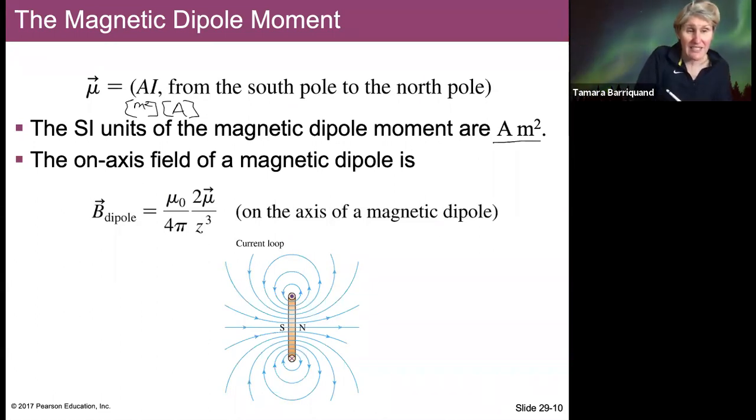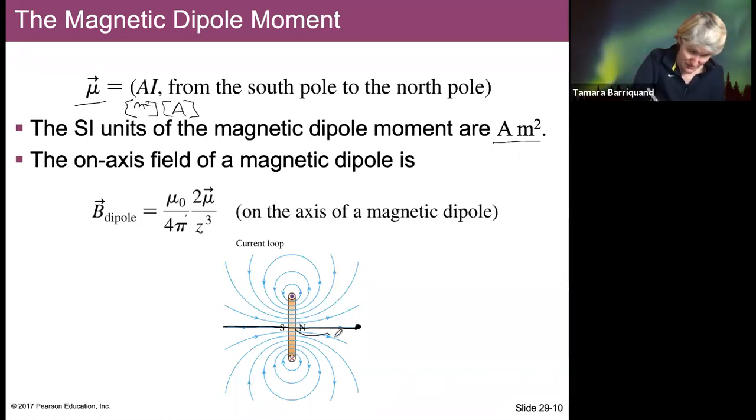Now, if we want to find the on-axis field, this is only for on-axis, so that would be some point on the axis. The on-axis field of a magnetic dipole, which is what we just found here, is going to be mu naught over 4 pi times 2 mu, where mu in this case is the magnetic dipole moment, over z cubed.